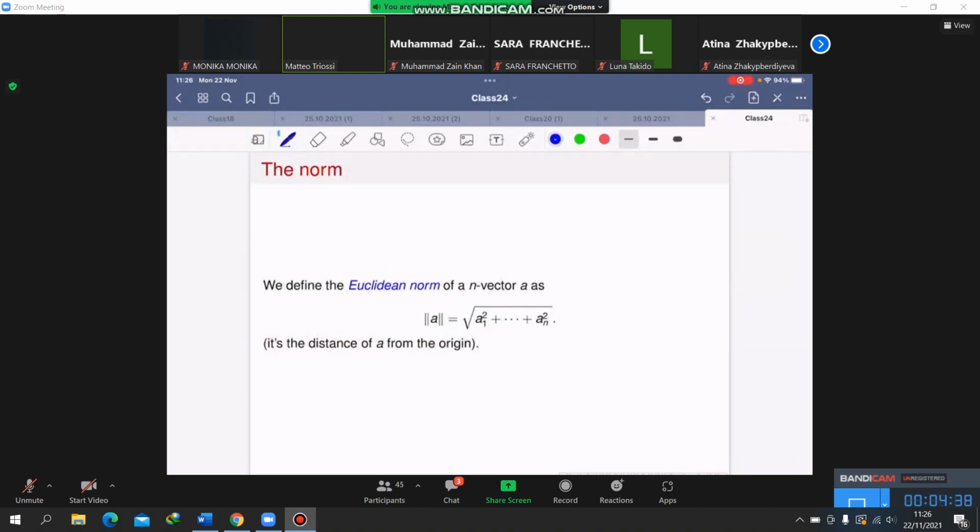That is the square root of the sum of the squares of all coordinates, which is also equal to what? To the square root of the inner product of A by itself.